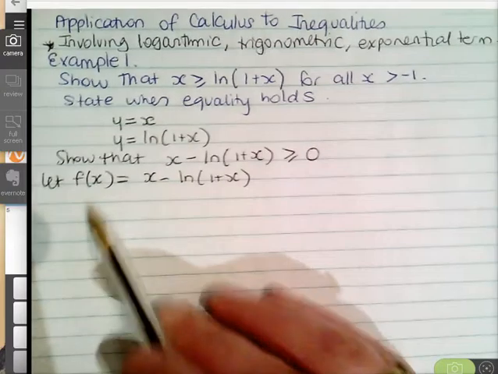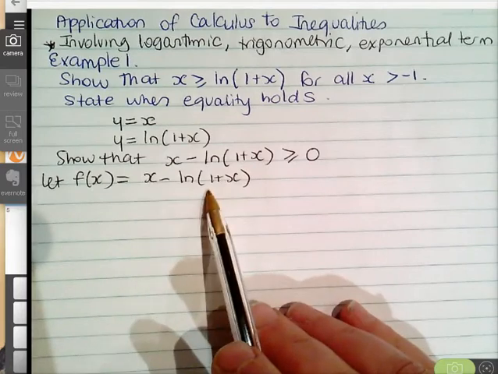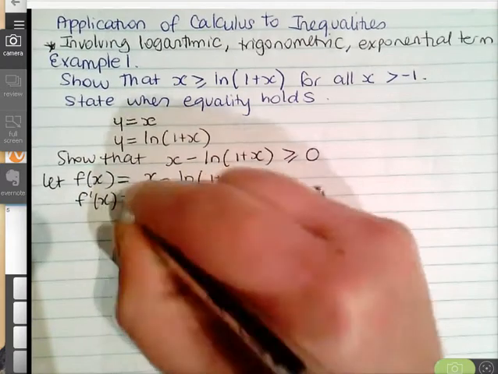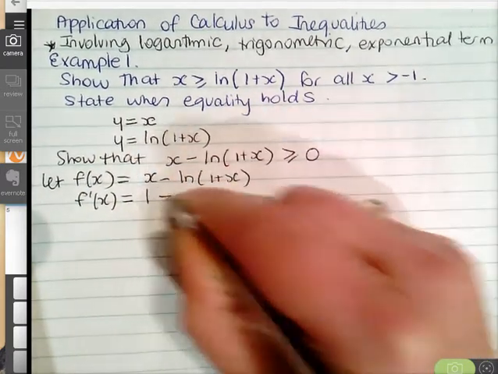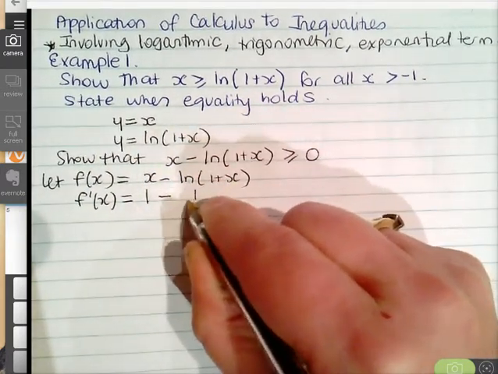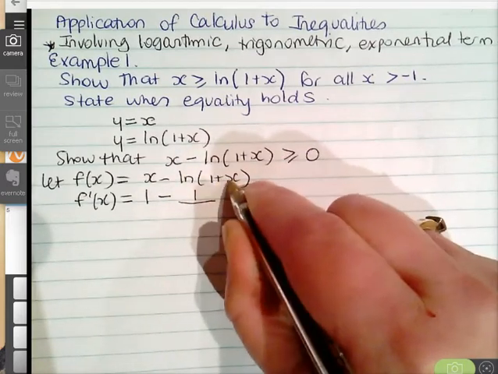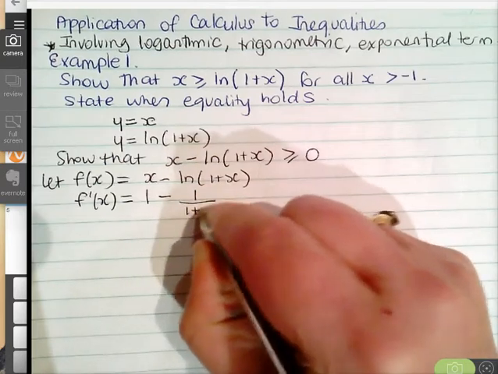So coming back here, we've got function of x equals x minus ln 1 plus x, so therefore f dashed x, the first derivative, looking for stationary points, is 1 minus, now if you differentiate the log function, it's f dashed x on f x. If we differentiate that, we get 1 over 1 plus x.